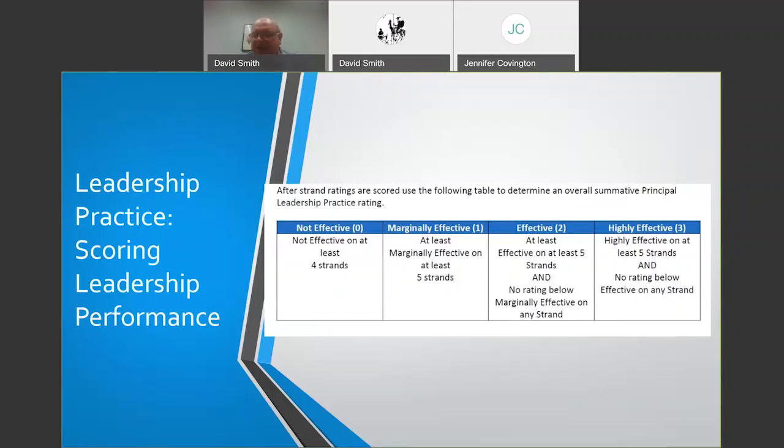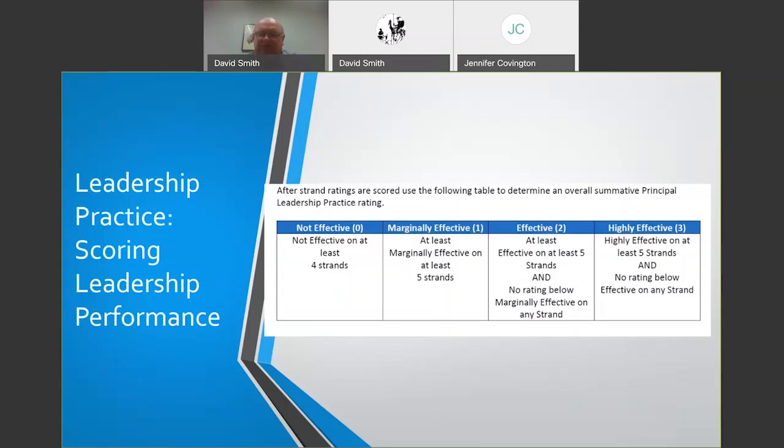Now that math may not work out all the way. We're not sure. We may find out that our math doesn't quite work out, and if that's the case, we will make adjustments. But at this point, that's the way we're looking at it.